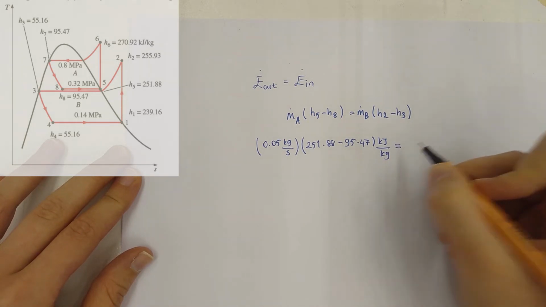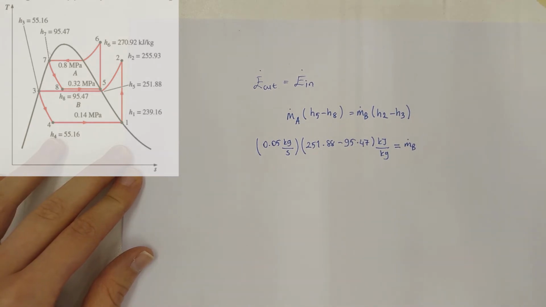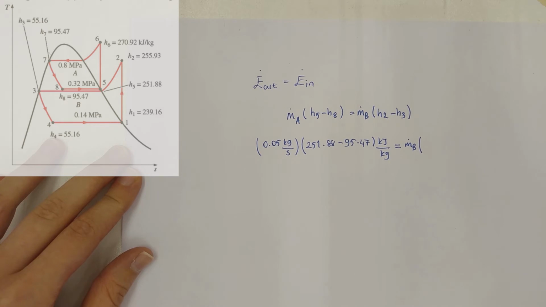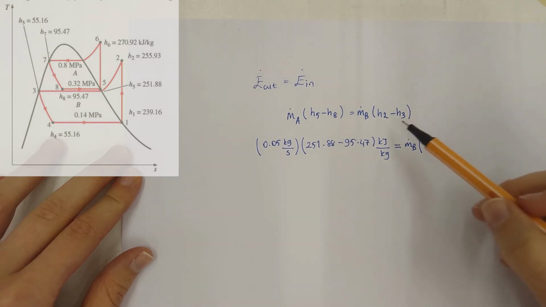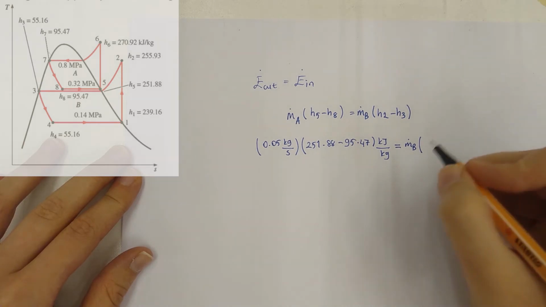Our aim is to find the mass flow rate at point B, and we can find enthalpies at points 2 and 3 from the same table.